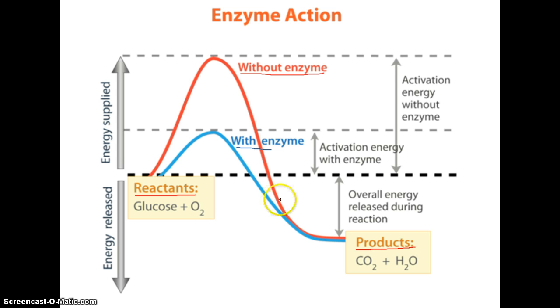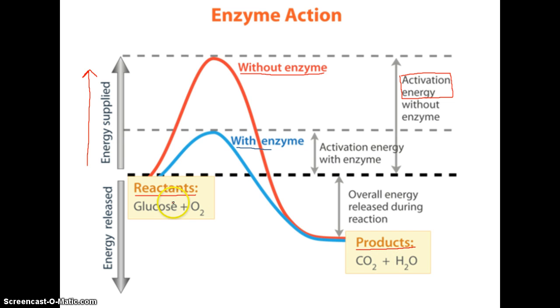So that bump represents what is called the activation energy of the reaction. If you notice over here on the y-axis, as we go from this starting point with our reactants and work our way up the y-axis, it says energy being supplied. So these are reactions that energy has to be put into in order for them to go from the starting materials to the ending materials.